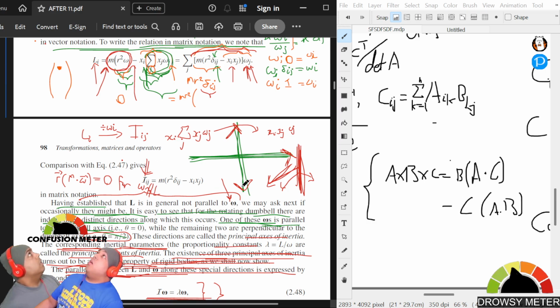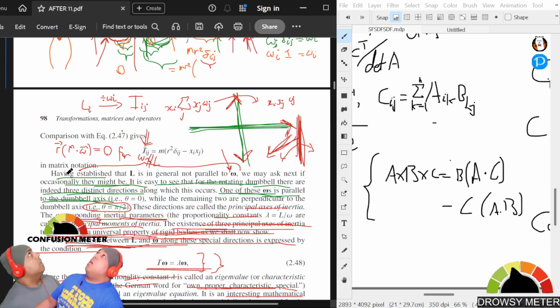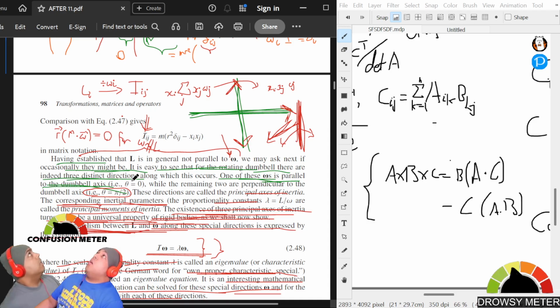We may ask next if occasionally they might be. It's easy to see that for the rotating dumbbell, there are three directions along which it occurs. One of these omegas is parallel to the dumbbell axis, theta equals 0.